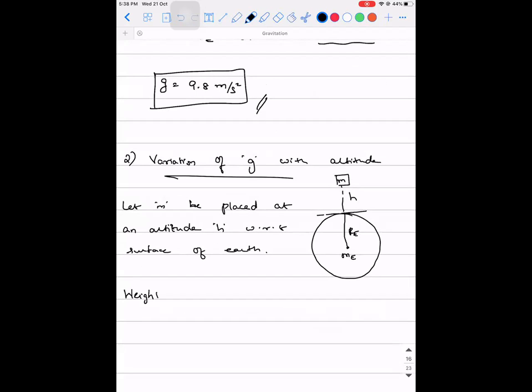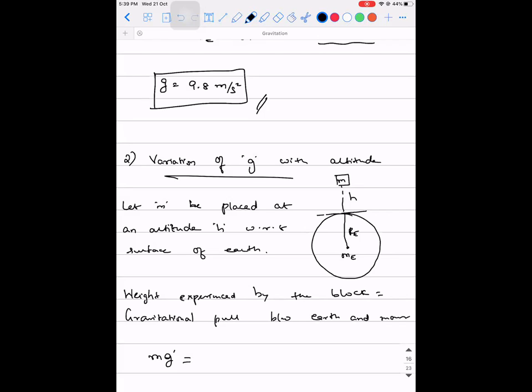So weight experienced by the block is equal to gravitational pull between Earth and mass m. So what is the weight experienced by the block? It is m into, here I am not going to write g, rather I will write it as g dash, because the acceleration due to gravity is going to change with altitude.